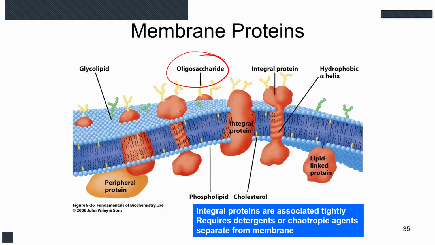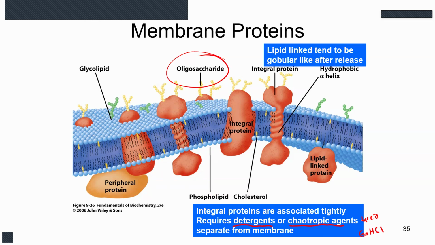Now, integral proteins are associated tightly, and in order to extract those integral proteins from the membrane, you've got to use a detergent. What do detergents do? They bust up hydrophobic interactions. Or you could use a chaotropic agent like urea or guanidinium hydrochloride in order to separate from the membrane.